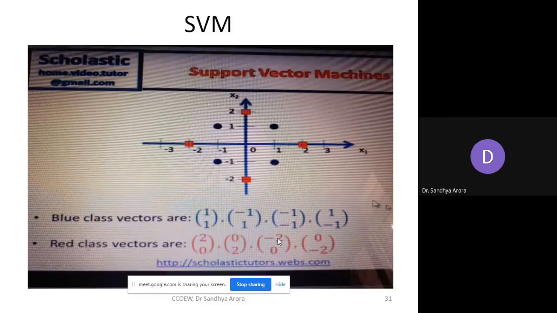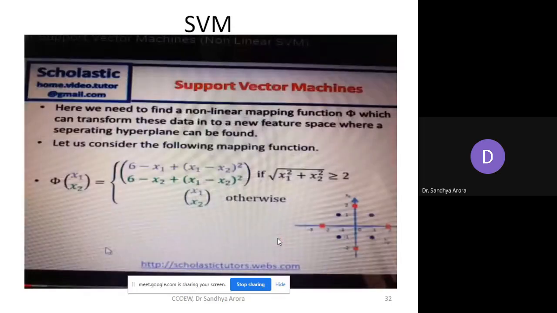Okay, so what SVM does is apply a kernel trick. In this case I have just taken an example of mapping your data points to some other dimensional data points. How am I mapping?